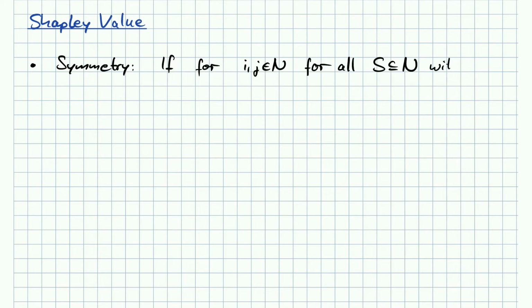We are talking about symmetry. If we now take two agents, i and j, and let's consider any other set of agents for which neither i nor j is contained.